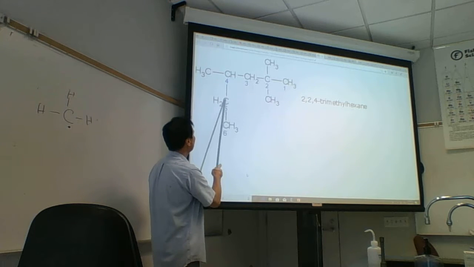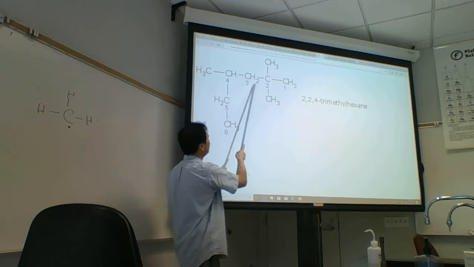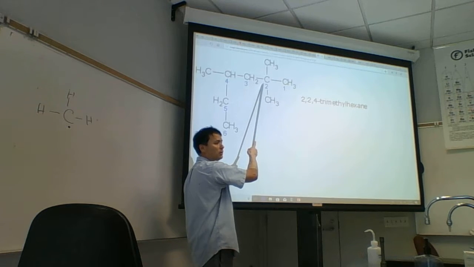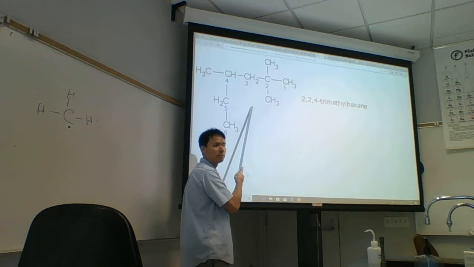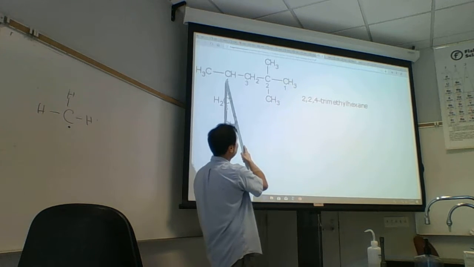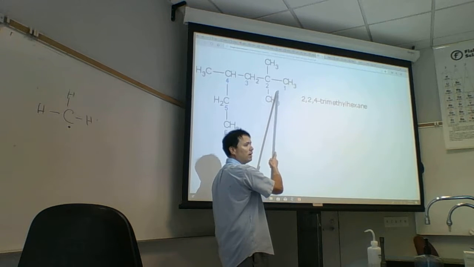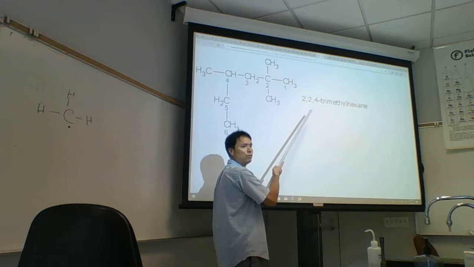If we did it that way, we'd have a methyl on carbon 3 and two methyls on carbon number 5, if we reverse the numbering. And so what would have resulted would have been 3, 5, 5 trimethyl. So 3, 5, 5 or 2, 2, 4.